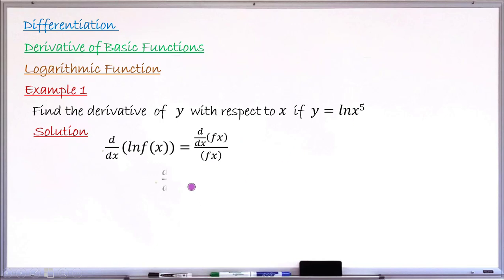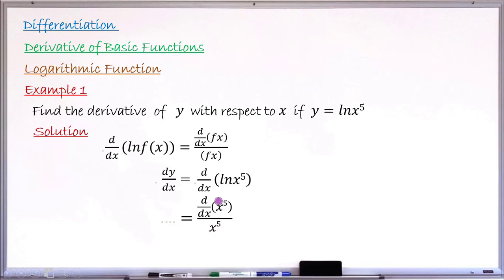This will now be equal to dy/dx of this function y. That is the question asked, the derivative of y with respect to x. This will be nothing but d/dx of ln x raised to the power of 5. If I continue, this means d/dx of x raised to the power of 5 over x raised to the power of 5.